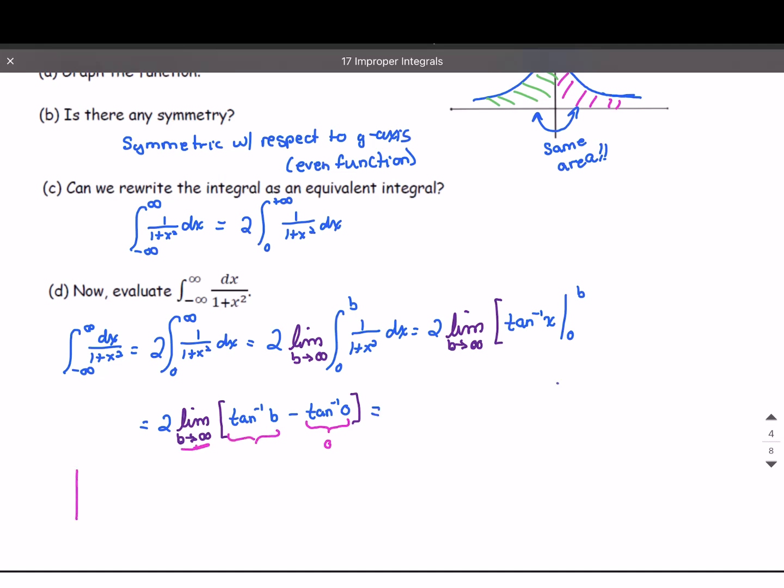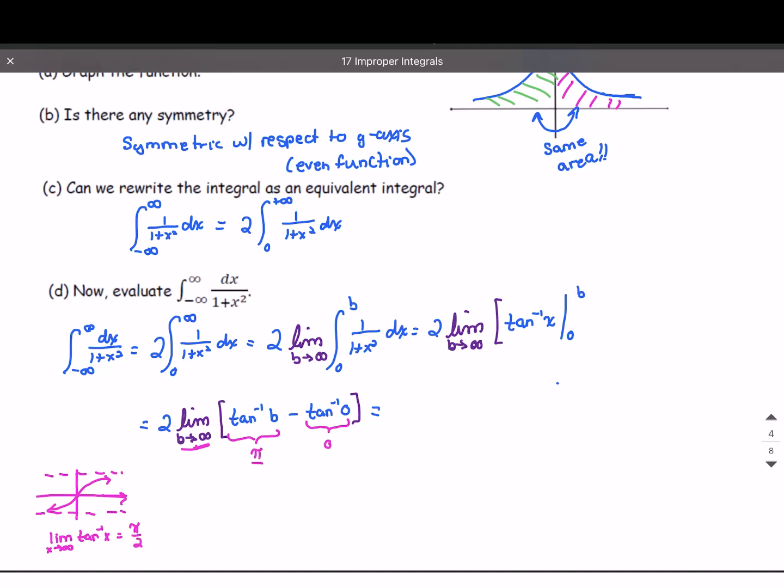If you think about this tan inverse graph, remember it looks like this, and it has a horizontal asymptote here and a horizontal asymptote here. The limit as the x gets huge of this tan inverse, right, as the graph goes off to the right, this graph is leveling off to that asymptote, which has a height of pi over 2.